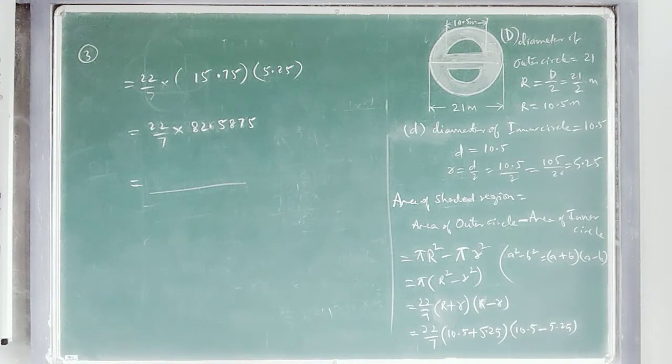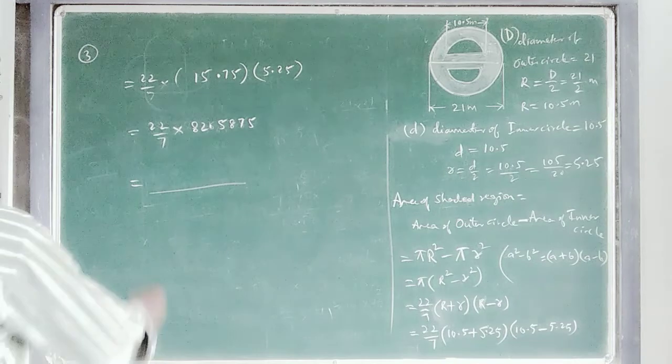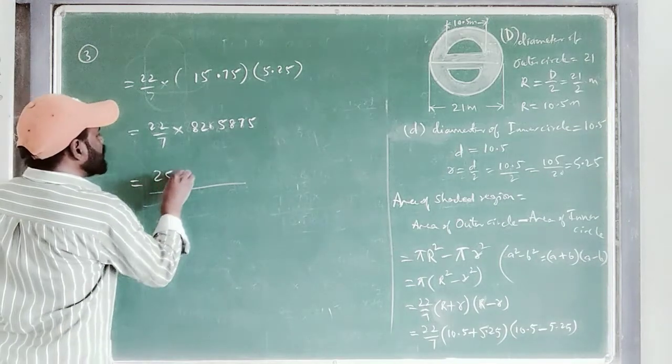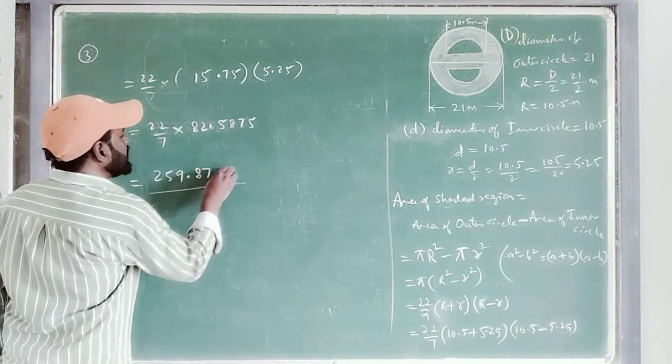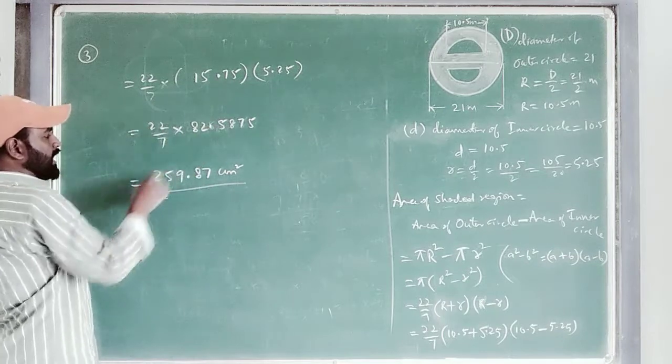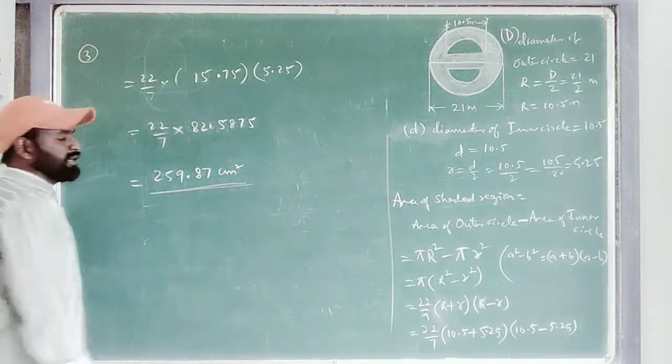After that, by substituting in the formula, after simplification, we will get the final answer, that is 259.87 centimeter square. When you multiply and divide with 7, you get this complete answer.